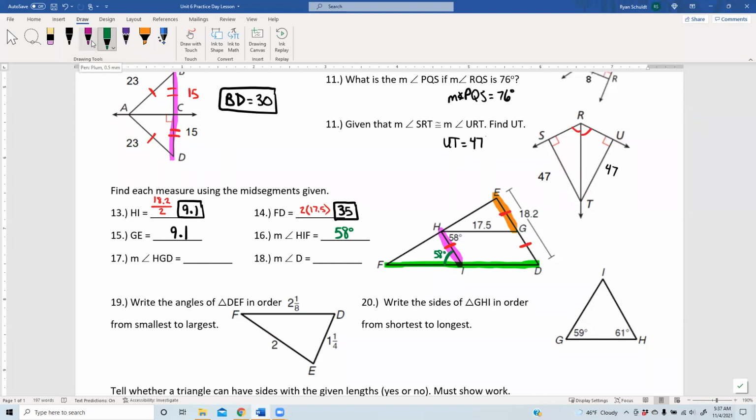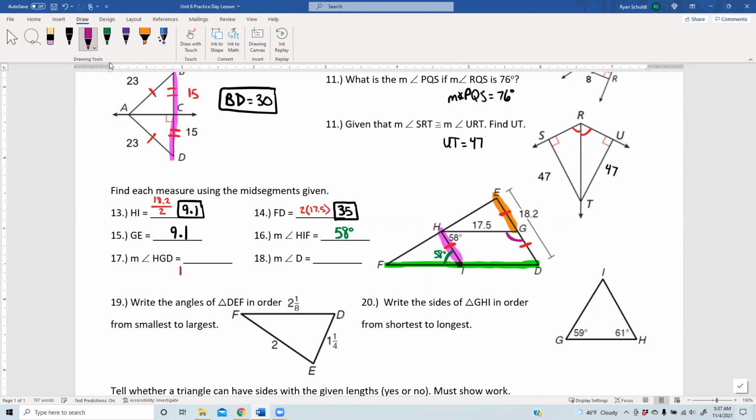Then they ask us about angle HGD. That's this angle right here. Well, if we look at our two lines that are parallel to each other, HI and DE, where HG is our transversal, the 58 and the angle we want, HGD, those are same side interior.